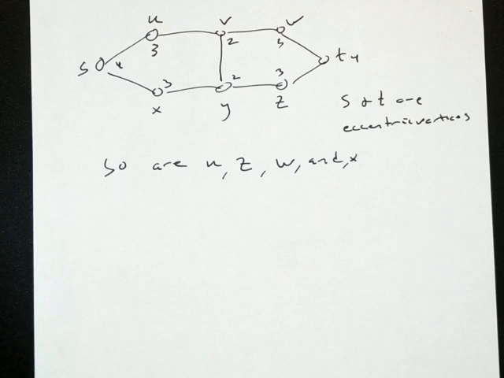V is only 2 units away from everything except Y. And the eccentricity of none of the other vertices is 2 except Y, and the distance from Y to V is 1. So there's no other vertex away from V whose distance to V matches its eccentricity. V is not an eccentric vertex. Same thing with Y.